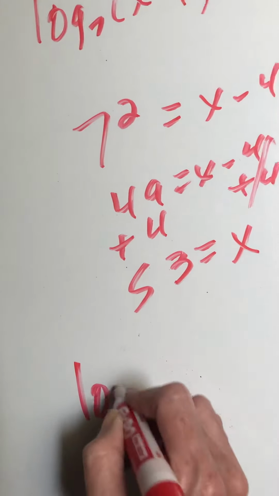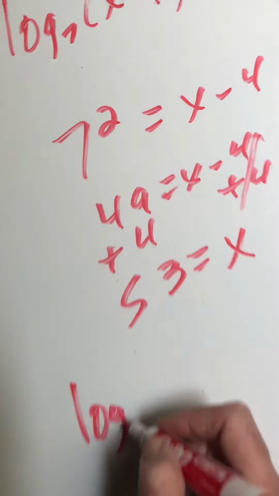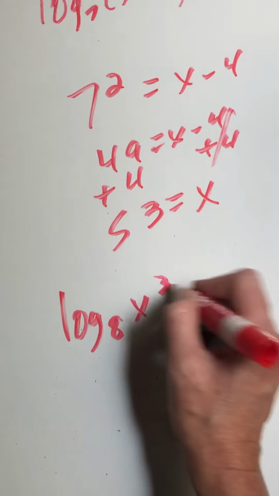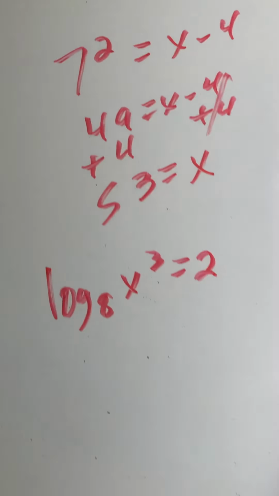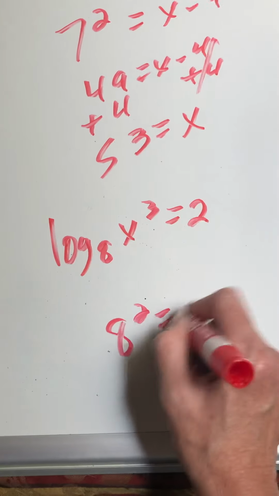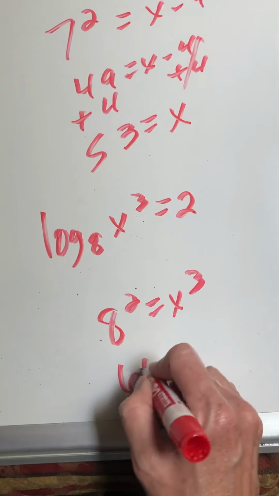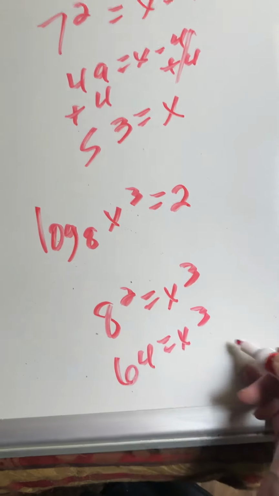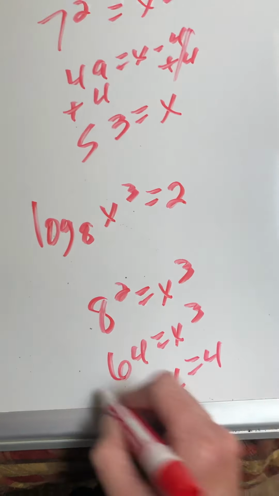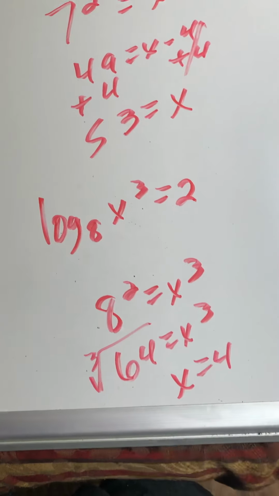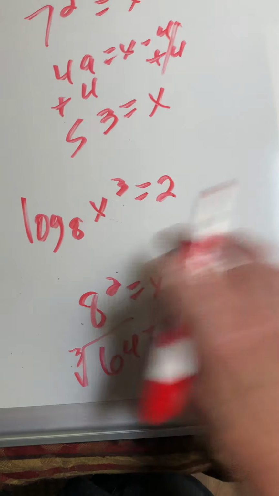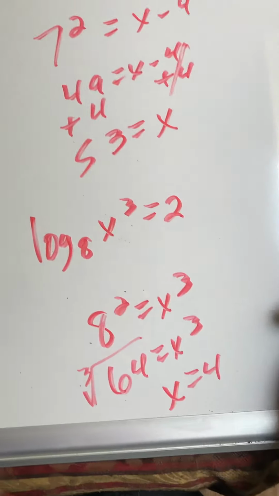Then you can have something like log base 8 of x cubed equals 2. So that means 8 squared equals x cubed. So 8 squared is 64 equals x cubed. Well, you want the cube root of 64, so x is 4. Because you take the cube root of both sides. So x is 4. Doesn't make that negative or 0, so we're good.